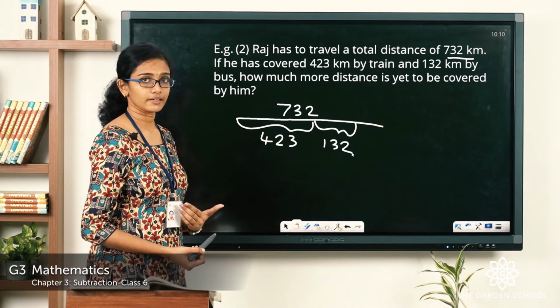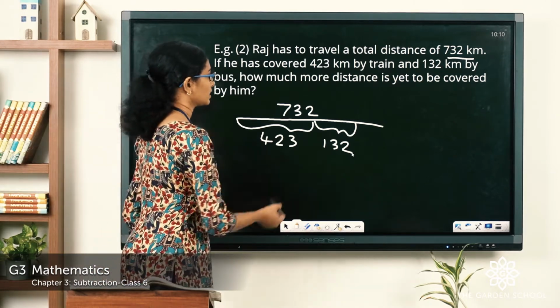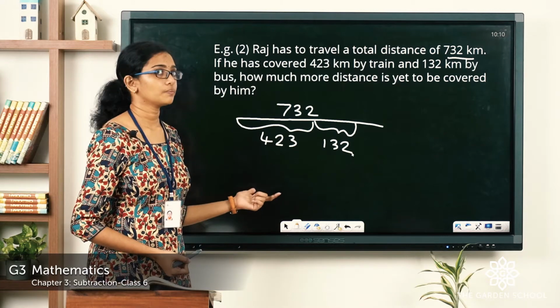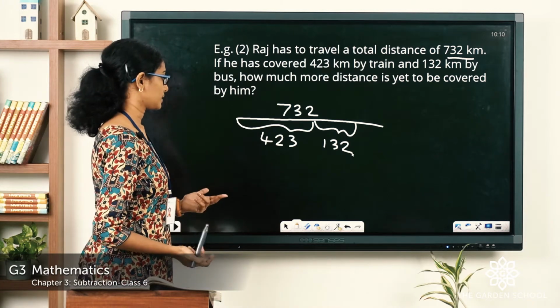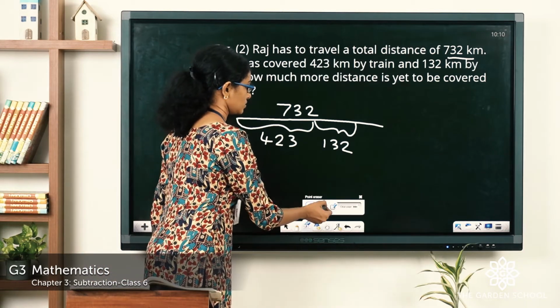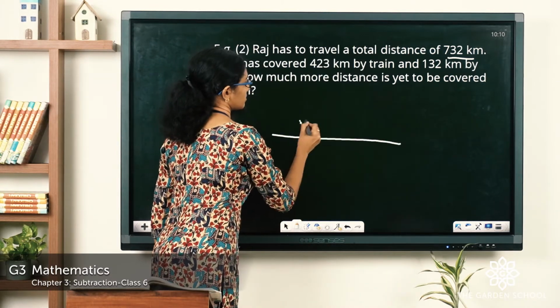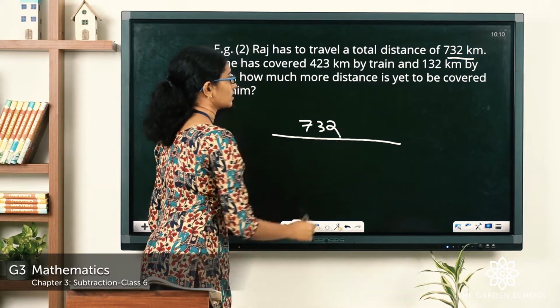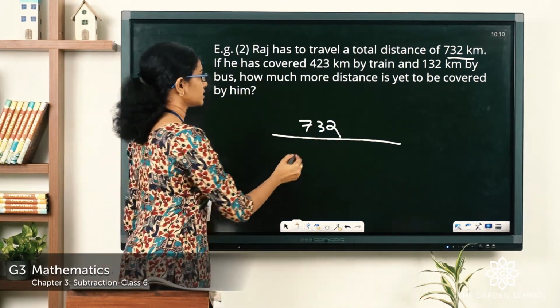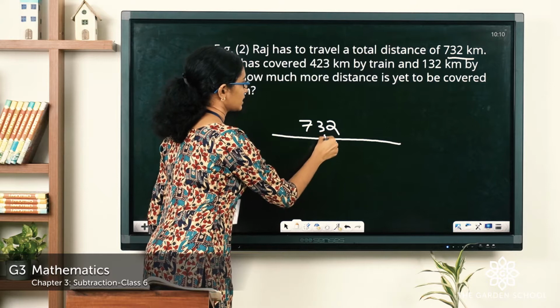So how do we find that? See, this question also we can approach in two ways. Let's see the first method. So we have the 732 kilometers. 423 kilometers he traveled by train.